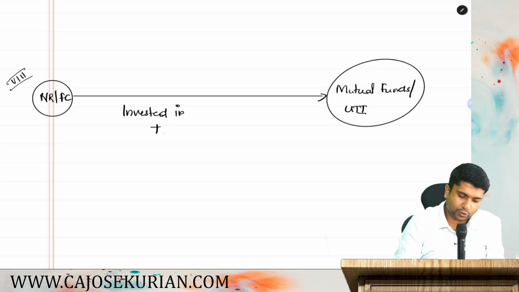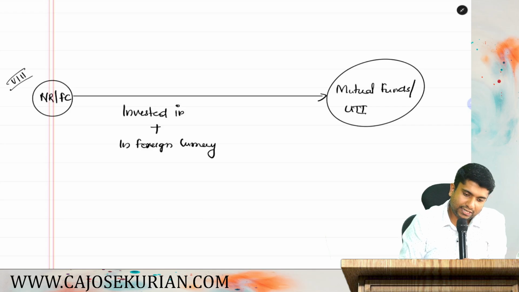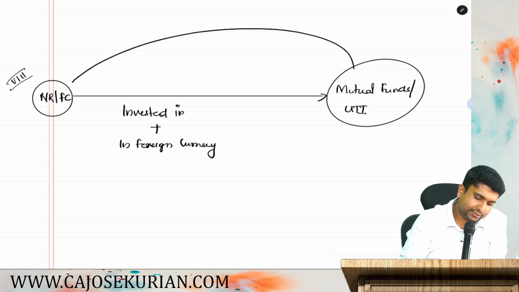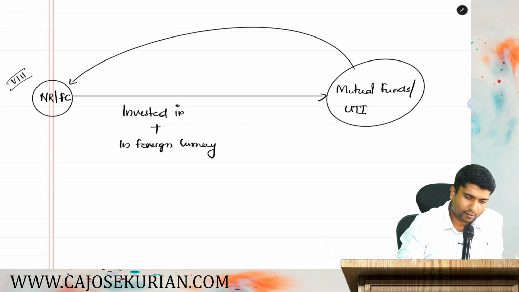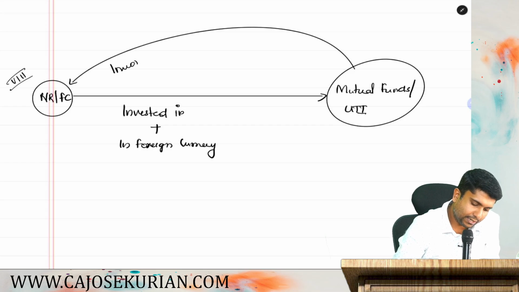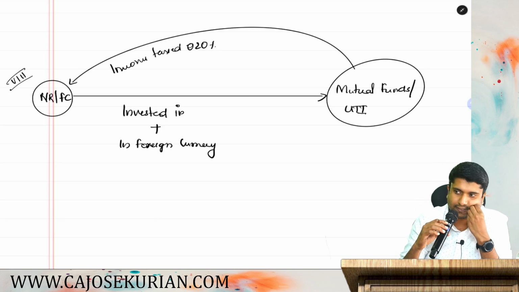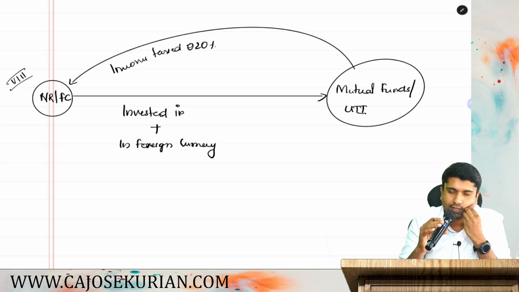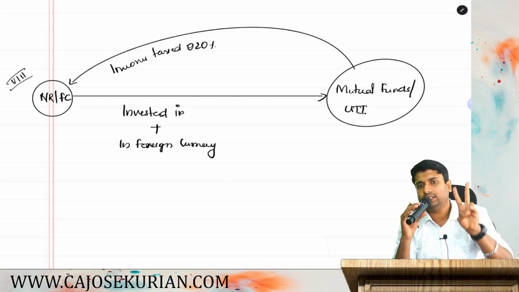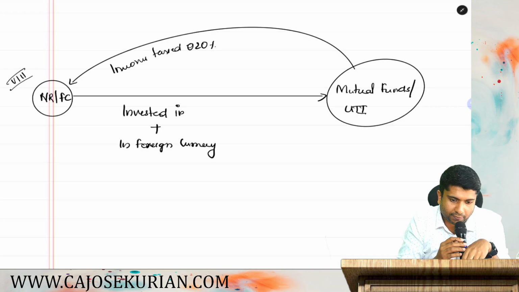That investment should be in foreign currency, and you are getting some income from this, which is taxed at a 20% rate of tax. If you're getting some return from that mutual fund or UTI, then the rate of tax will be at what rate, friends? 20% rate of tax. That's what the department says, but the investment has to be in foreign currency.